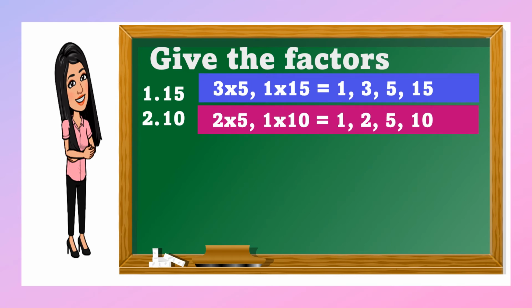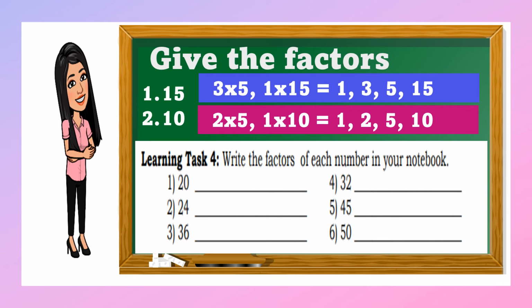Number 2, 10: we have 2 times 5, 1 times 10. So the factors of 10 are 1, 2, 5, and 10. You can now answer learning task 4. Write the factors of each number in your paper, page 7.